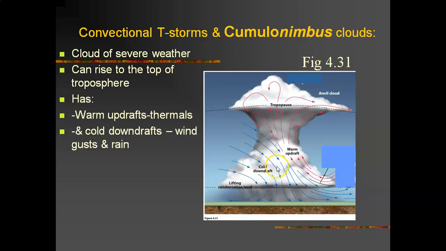And so the other side of the cloud is dominated by cold downdrafts. And remember, it's very cold up here, 60 below zero. And so you've got the falling rain, all right, coming from very, very cold altitudes. And that's going to set up cold downdrafts.